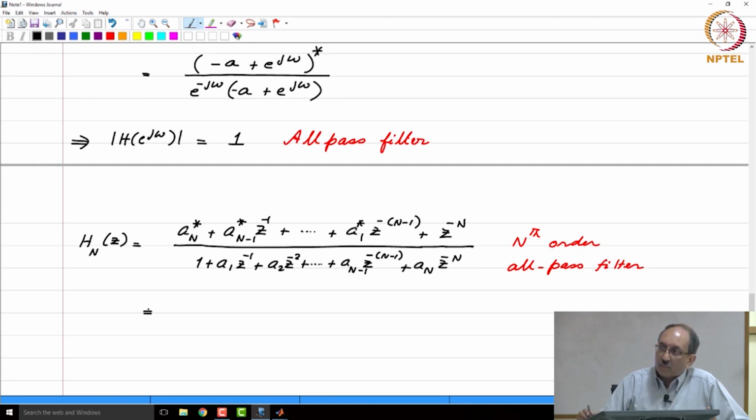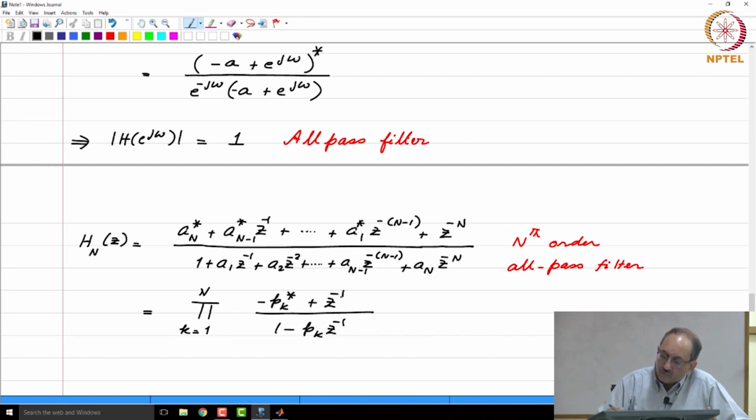And any nth order all pass filter can be written as a product of n first order all pass sections. Therefore, this can be written as the product over k going from 1 to capital N of 1 minus pk z inverse in the denominator, and the numerator is minus pk star plus z inverse. So, each section is all pass, but it is first order, and if you cascade n such first order all pass systems, you will get this nth order all pass system as given here.